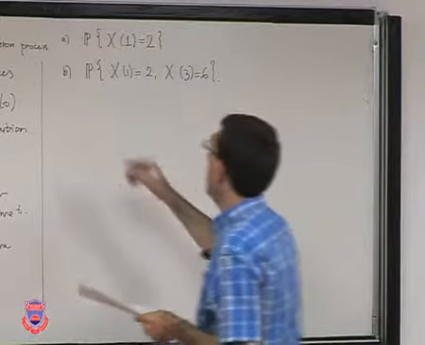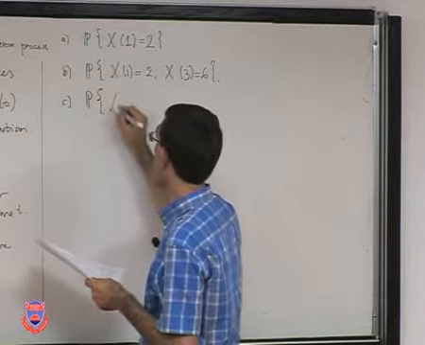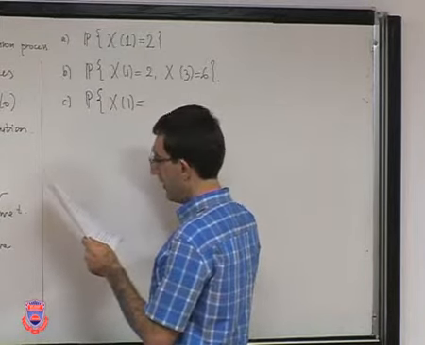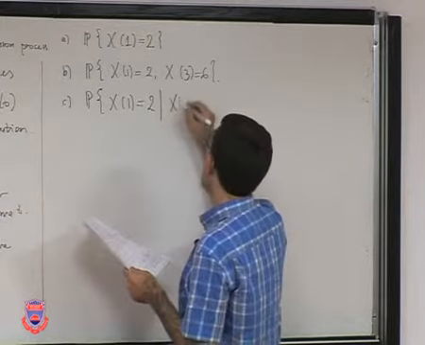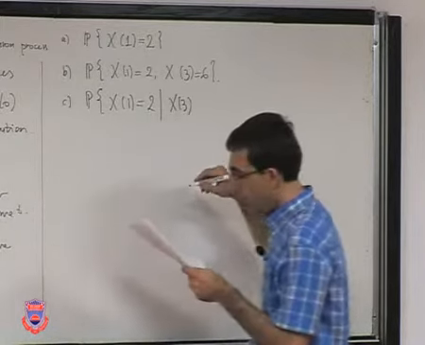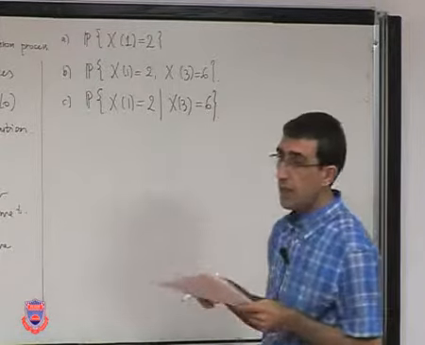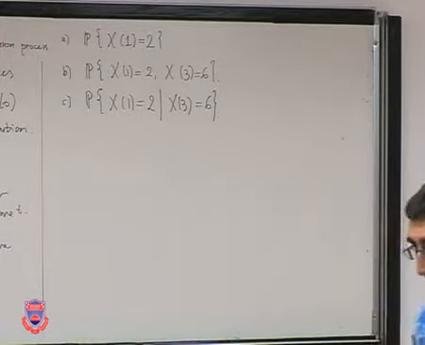In part C, we would like to calculate the conditional probability that 2 customers must have entered the facility, given that we know that exactly 6 customers entered the system until the end of time 3.